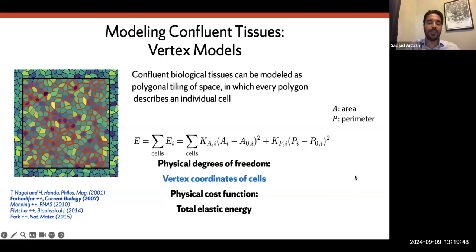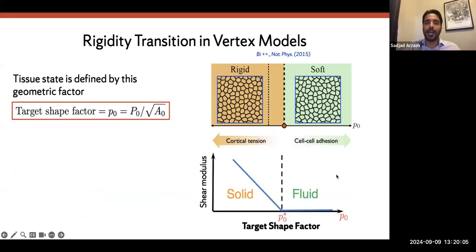And to connect that to the original framework of learning, the vertex coordinates of each cell are the physical degrees of freedom, and we can think of this elastic energy as the physical cost function in that setup. As I mentioned before, we go through a rigidity transition versus a target shape factor.